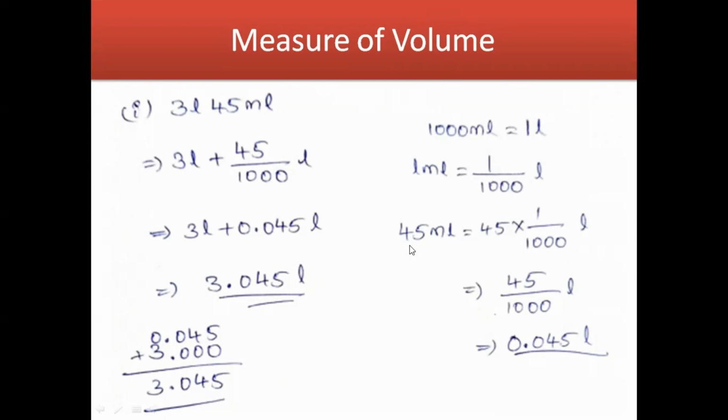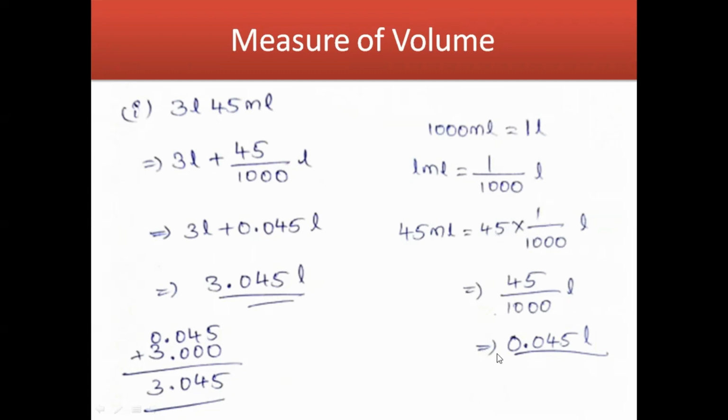See here we are having 45 milliliter. 45 milliliter equal to 45 into 1 milliliter, which is how much? 1 by 1000 liters, so 45 into 1, 45 by 1000 liters.